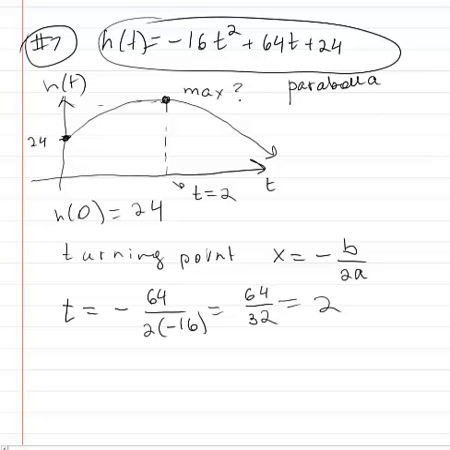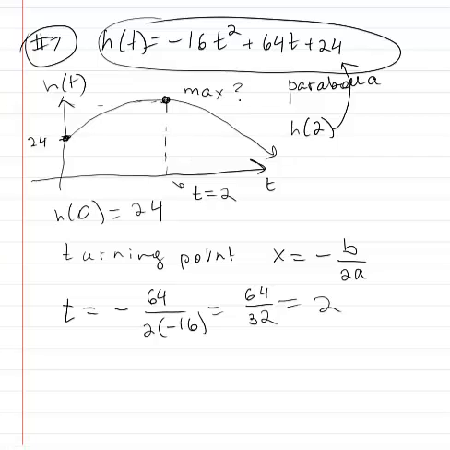The question didn't ask us to find when that will happen. The question is, what is the maximum height? So to find the maximum height, we're going to take 2 and substitute it inside that parabola. I'm going to grab my calculator and plug that in.